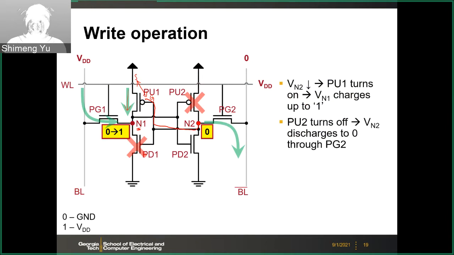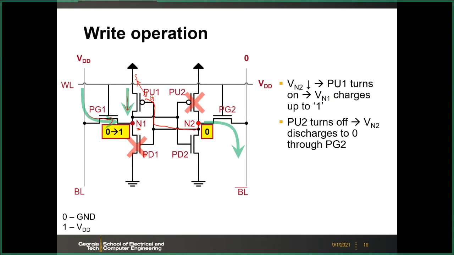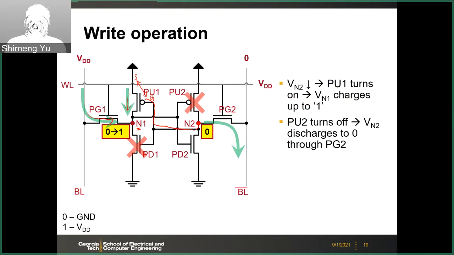Then the N1 voltage will further increase. As we just mentioned, by this PG1 current itself, the N1 node voltage will not increase too much, but now you get additional current from the PU1. Then the N1 voltage will further increase, and eventually N1 will flip from 0 to 1. Of course, N2 flips from 1 to 0. So this is how the write operation occurs.